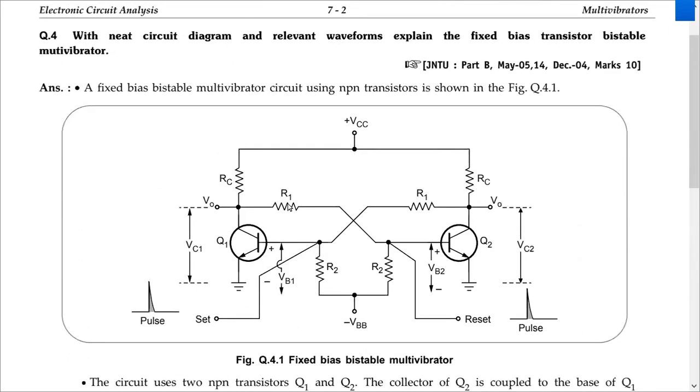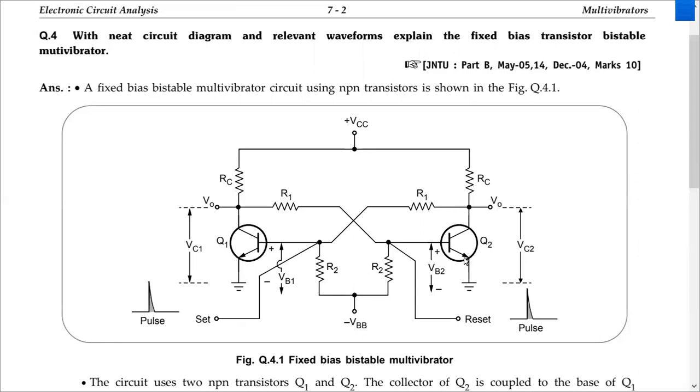Now next, what we will consider is, when we provide the triggering, what happens? When we switch on, either of the transistors will turn on. One transistor will be on, one transistor will be off.